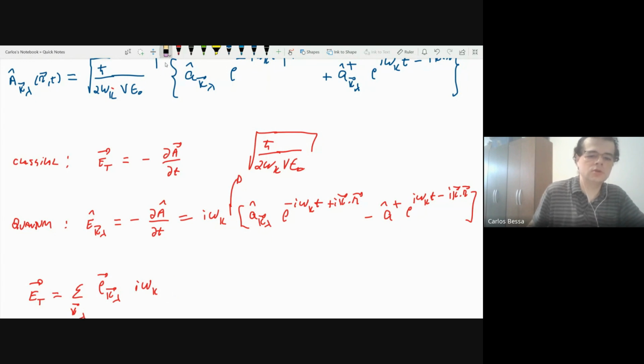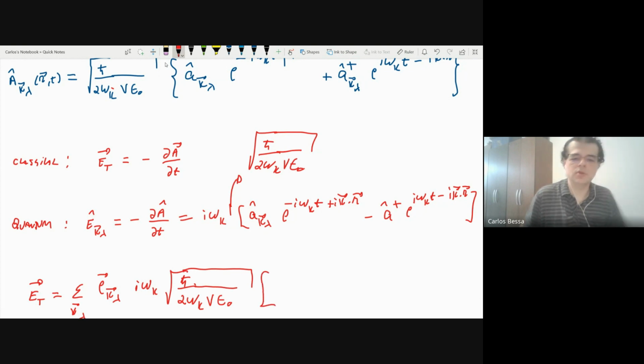So here are the other terms, but this h bar over 2 omega k V epsilon 0, times all these things.